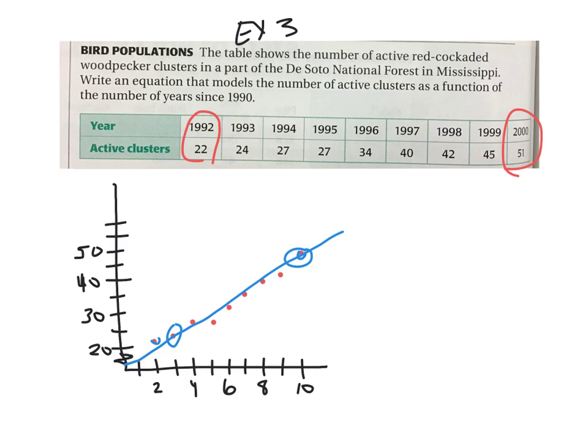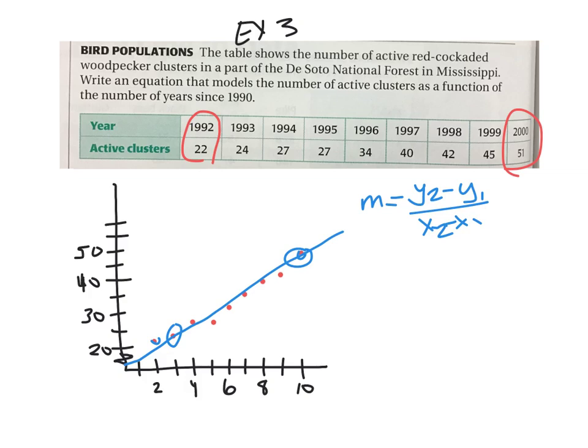So how do we find slope? Y2 minus Y1 over X2 minus X1. So picking the 2 points I did, I would say 2000, well, that's the X, I'm sorry.